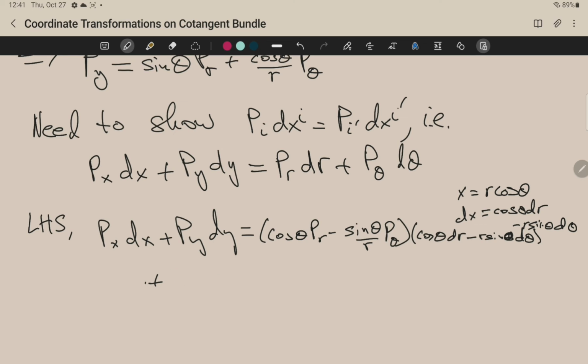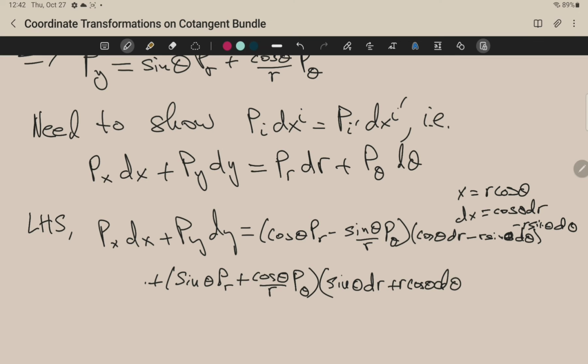You do the same thing for the py and dy. So py is sine theta pr plus cosine theta over r times p theta, times dy. So dy is just sine theta dr plus r cosine theta d theta.